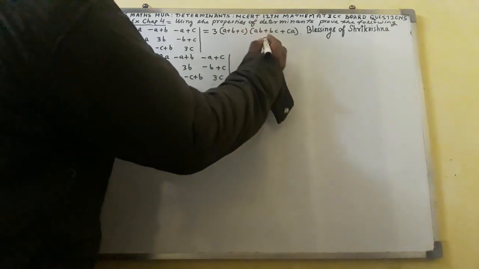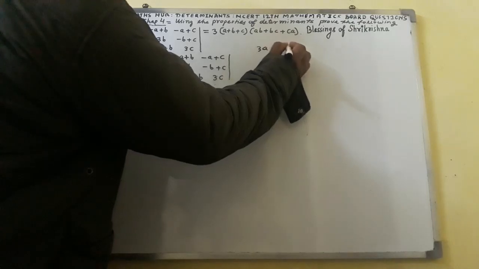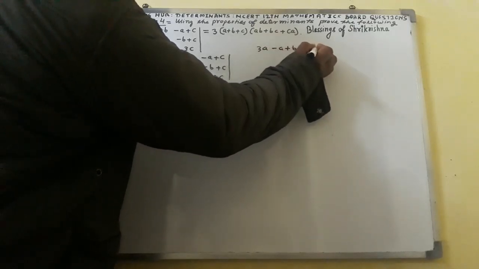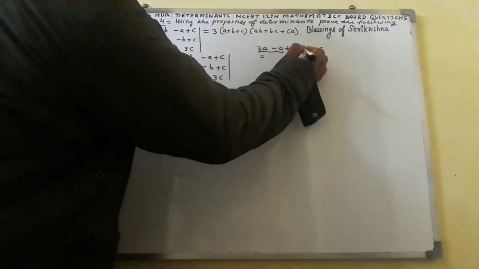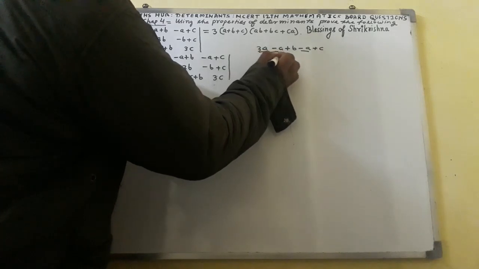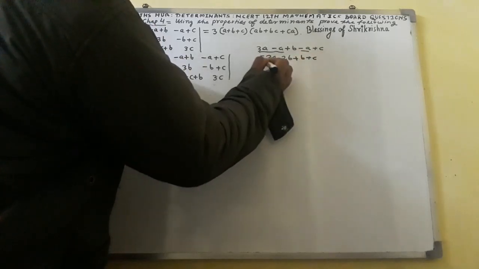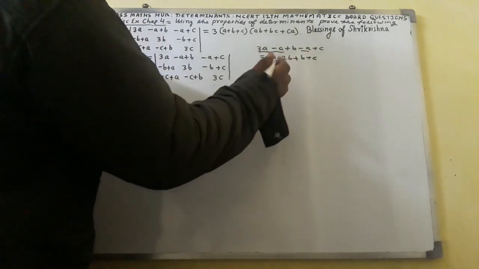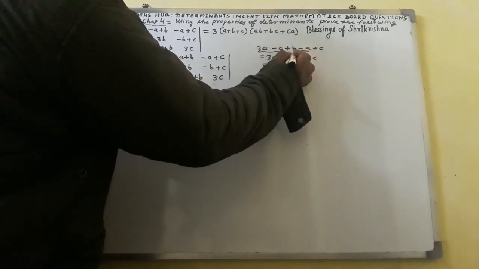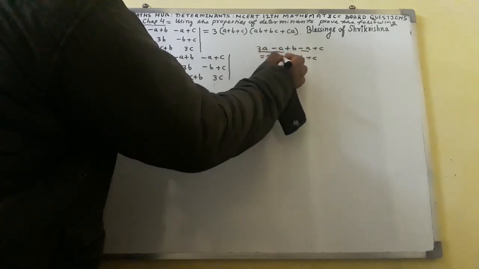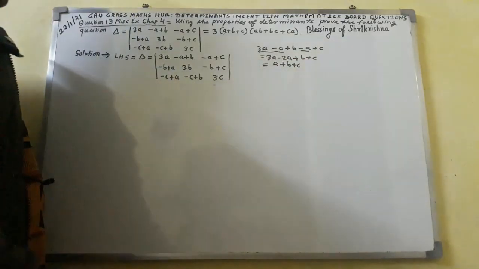Like this, in rough work, 3a added to minus a plus b added to minus a plus c gives 3a minus 2a plus b plus c. The final result will be a plus b plus c. This thing you will get.